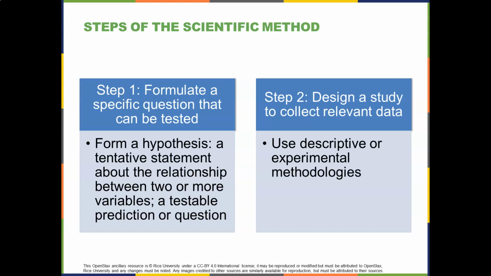Well, the researcher might say, okay, this part of the group will receive 100 milligrams of caffeine per day. And this part of the group will receive 300 milligrams of caffeine, et cetera, 500 milligrams, 1,000 milligrams, and then measure each of their sleeps. That's the steps involved in designing that study.